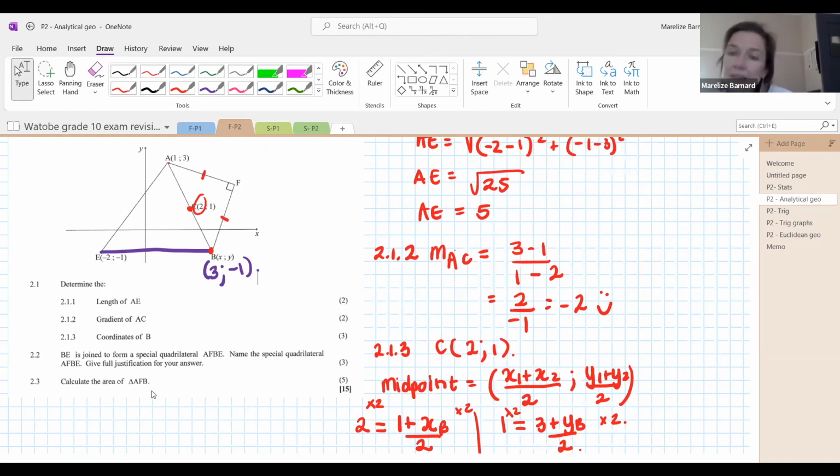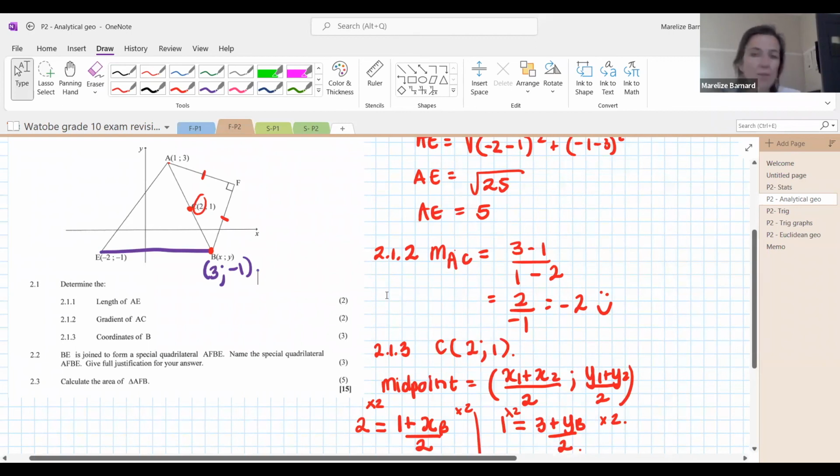If we are calculating the area of a triangle, what do we need? What is the formula for the area of a triangle? So start there, and then you just start filling in the blanks.